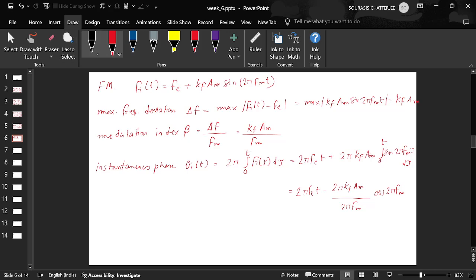Okay, let us take the example of cos here, because sine is going to cause some issues.